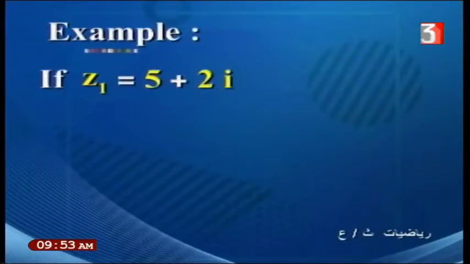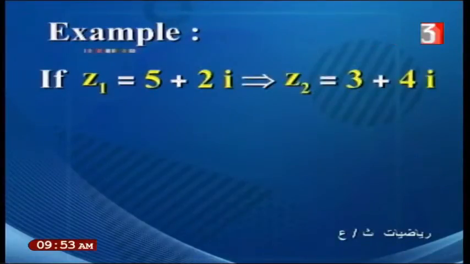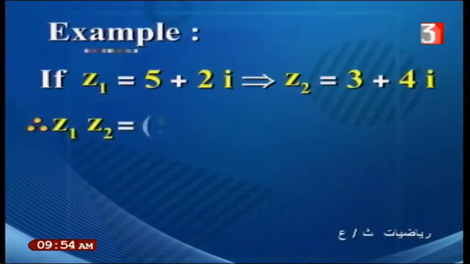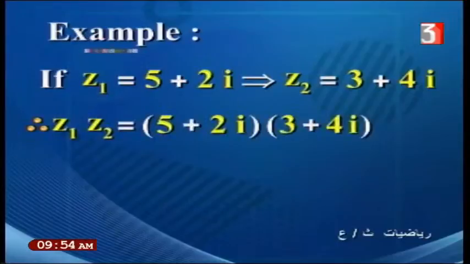Another example. If z1 equals 5 plus 2i, z2 equals 3 plus 4i. Therefore, z1 z2 equals what? We multiply first times first, second times second, means times means, extremes times extremes. We know that this is a complex number.